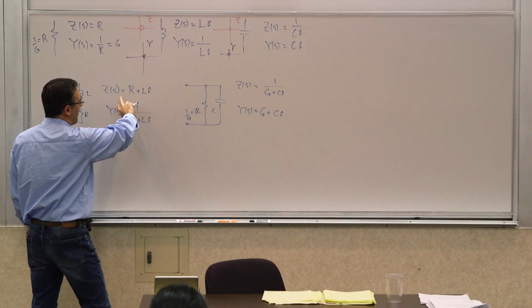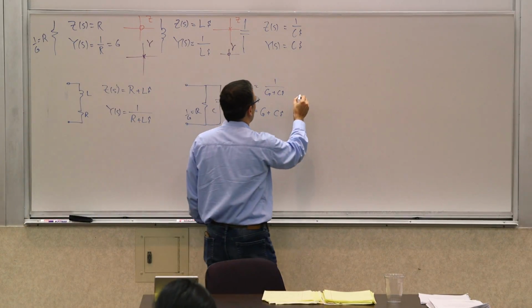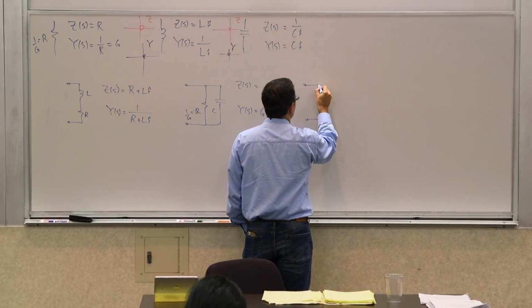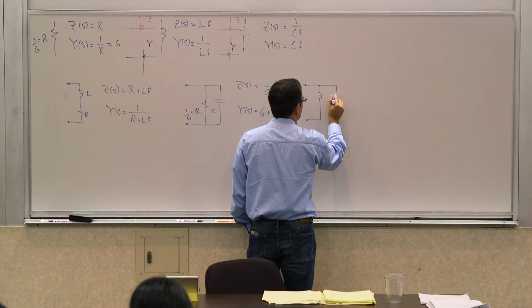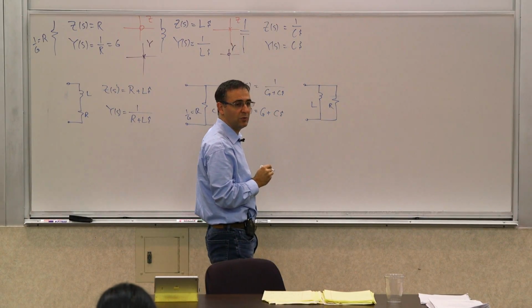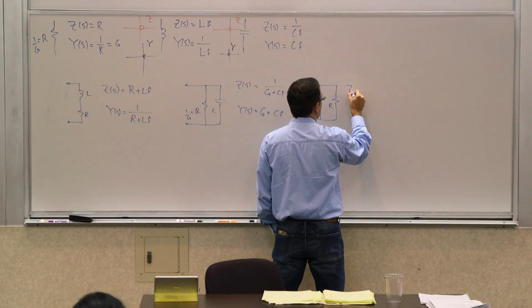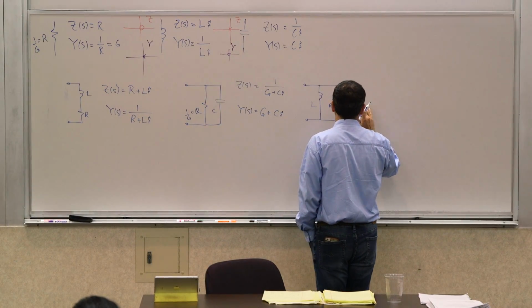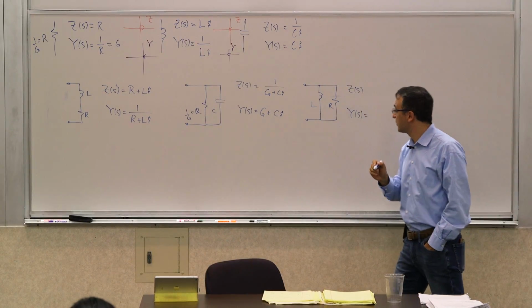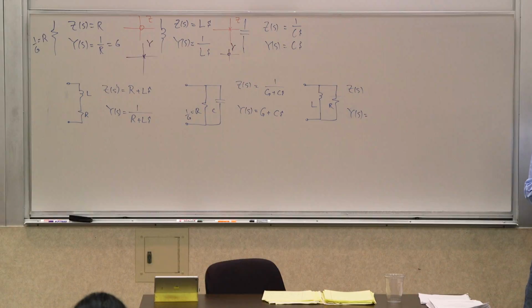Now, you can see these forms look similar. I mean, they're opposite of each other. But how about if you have something like this? Let's say you have an inductor in parallel with a resistor. Now, what do we get for Z of S and Y of S? Let's calculate Y of S first.